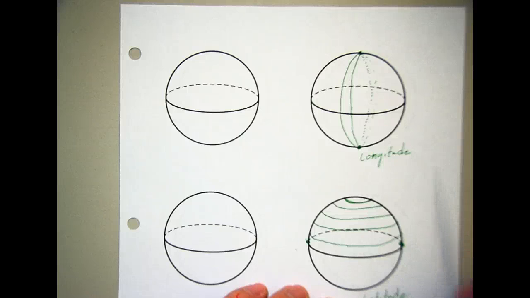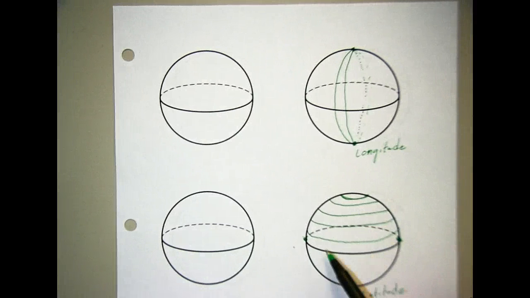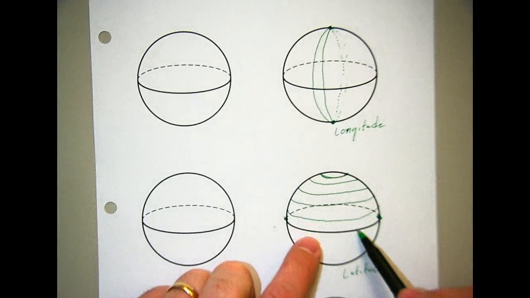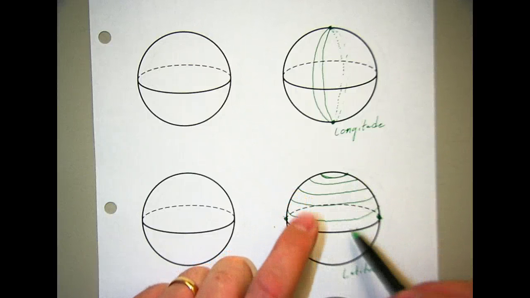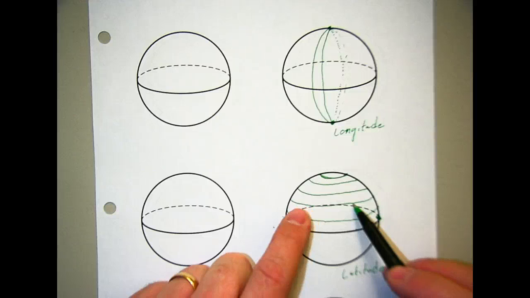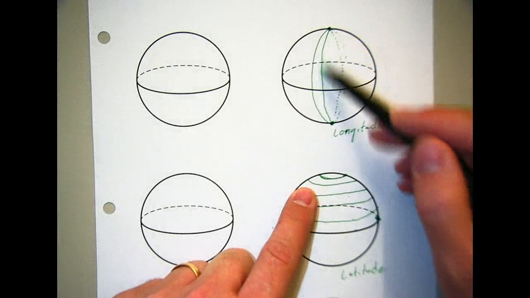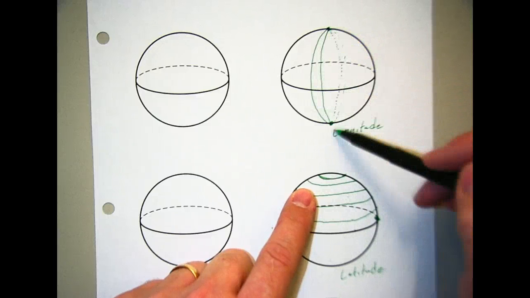By definition of a line of latitude, like this is 0, 10, and so on, these are not great circles. By definition of a line of longitude, these are great circles. So any one of these is a great circle.